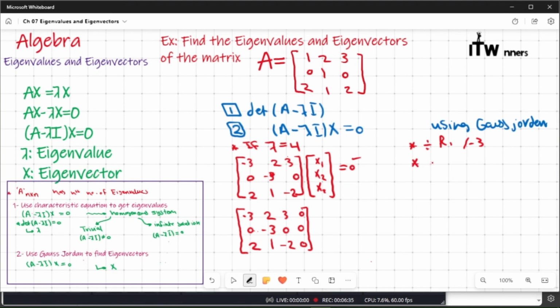Multiply the first row by negative 2, then add to the third row. So this will be equal to 0, 0, 0, divided by negative 3, so we have 1, negative 2 thirds, negative 1, 0, negative 3, 0.